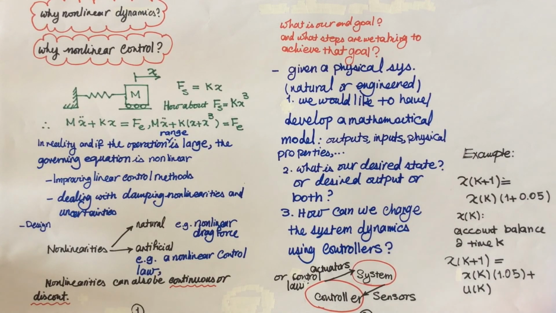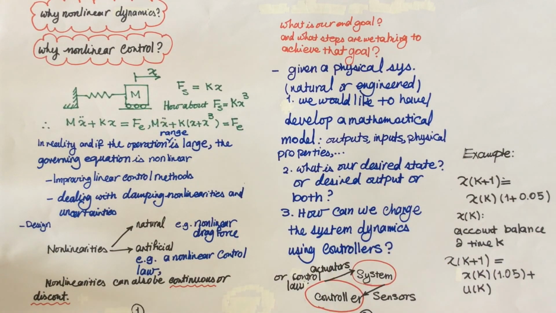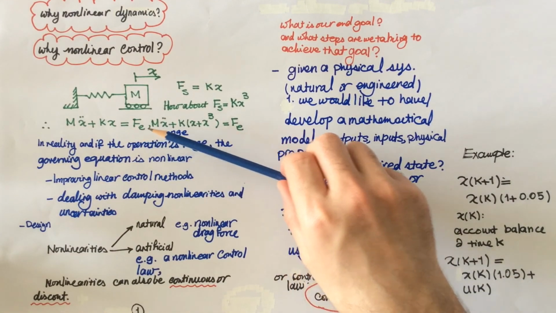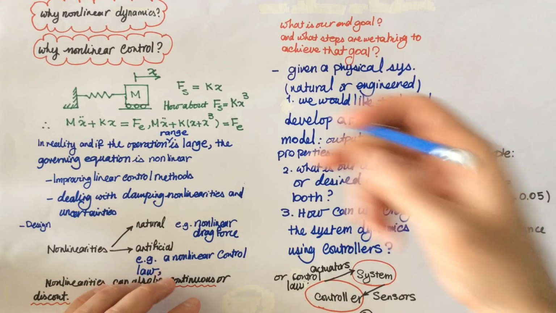All right. So why nonlinear dynamics? If you think about your mass spring system, and if you write down the equation of motion, you're going to see that the equation of motion is m x double dot plus k x equals F_e, right? F_e is an external force.